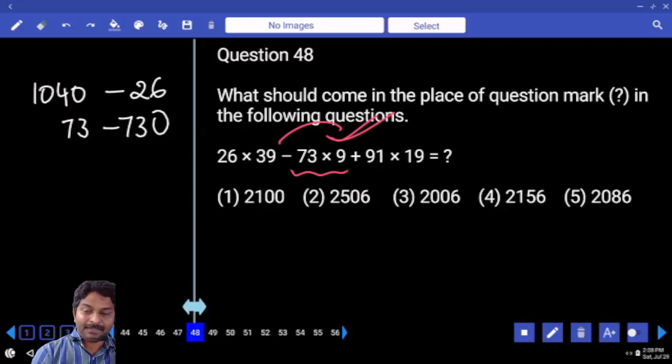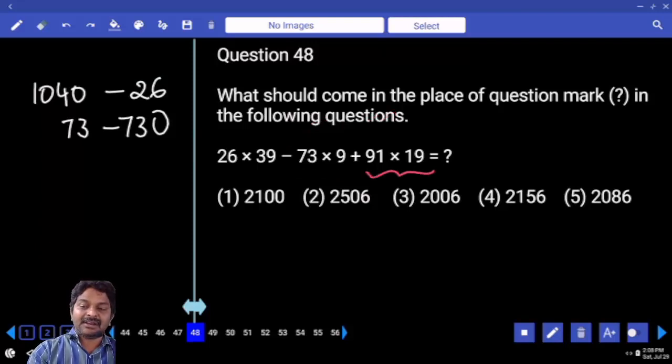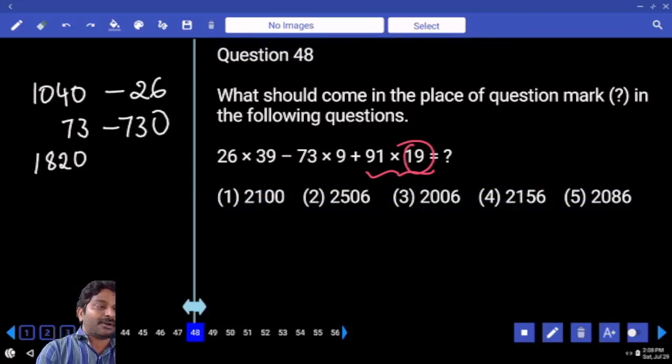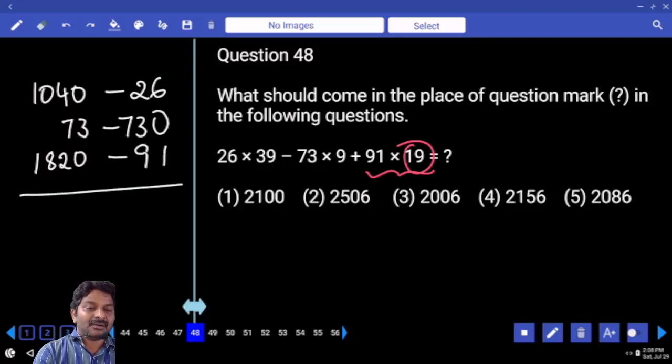Is that okay? Next, 91, 19 times: 20 minus 1, 20 times 1820, positive number, and then one more time, which is a negative number, 91. Okay, now if you see last two digits, let's see. Positive number ends with 3, negative number ends with 7, 3 minus 7 ends with 6 only. Couple of options are there. Now one more digit, let me calculate.